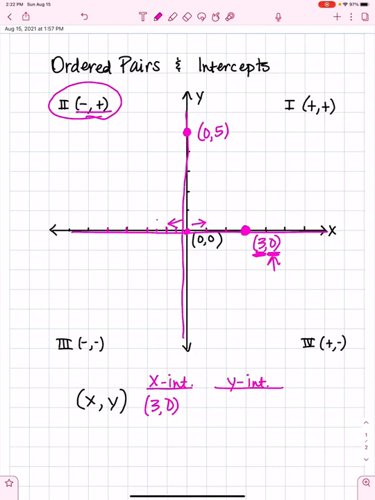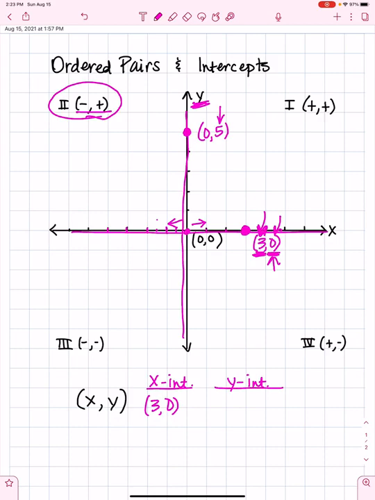What confuses students most about this is the idea of where the 0 goes, okay? If I have a y-intercept, y has a value because it's on the y-axis. The 0 is the x because it didn't move right or left from the origin. For my x-intercept, x always has a value. The y value is always 0 because it's on the x-axis. That is how your intercepts work.